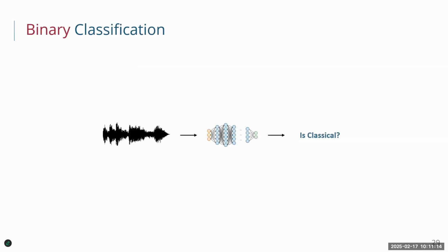So to start with, binary classification, the easiest one: you have some song, you go through some model or neural network, whatever. The output is to say, is it classical or not?